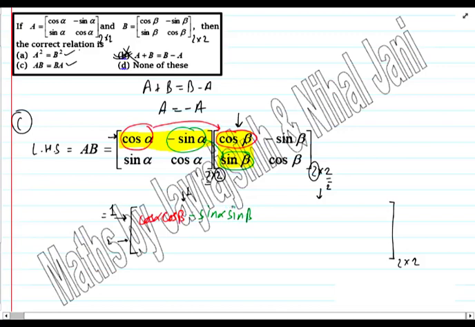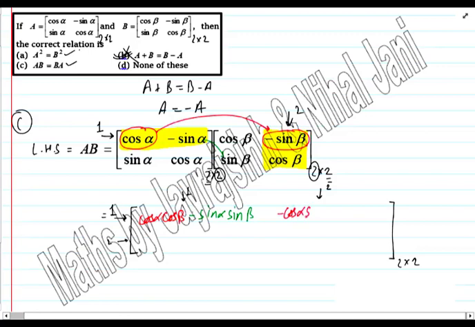right? Now let's move to the next term. The next element is in the first row and second column. So we have to select first row and second column, and then multiply the corresponding terms. So let's multiply cos alpha with minus sin beta, which will give us minus cos alpha sin beta. Then we will multiply minus sin alpha with cos beta. So here we will get minus sin alpha cos beta, right?